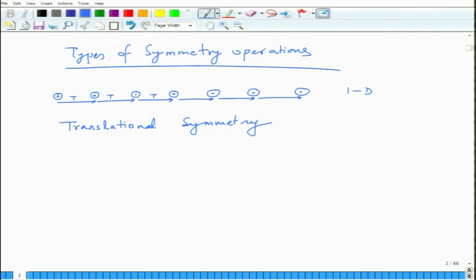Now let me do one more thing. If I change the motif around it, this is again in 1D. Instead of keeping the motif as one atom there, I keep a motif like this.